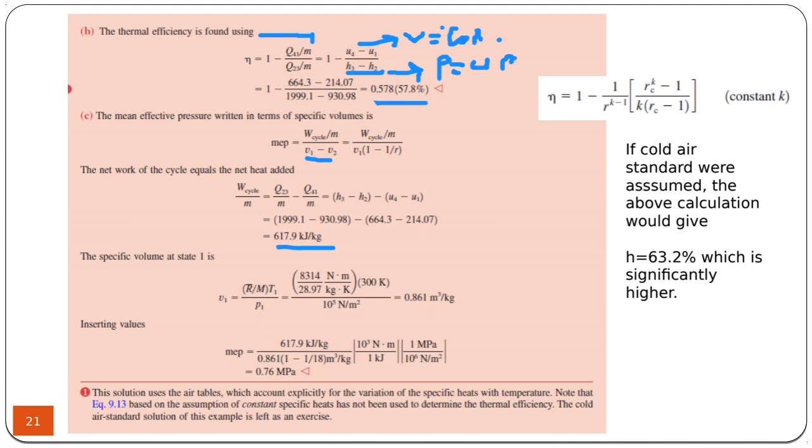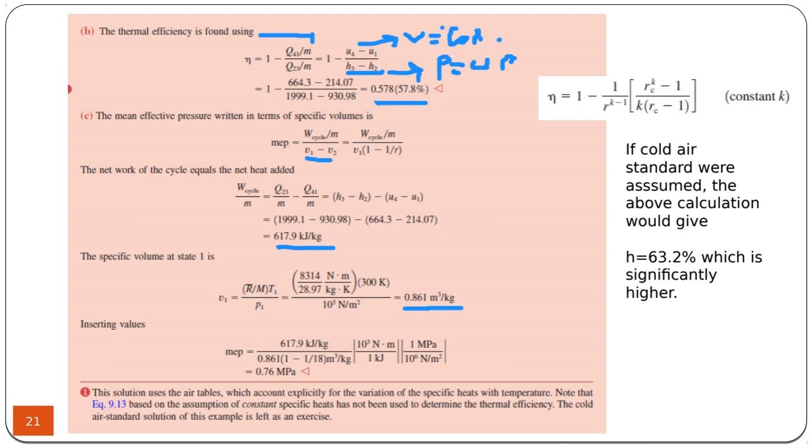And the specific volume of the gas inside the cylinder at the beginning of the compression is found from the ideal gas equation. It is found to be 0.861 cubic meters per kilogram.